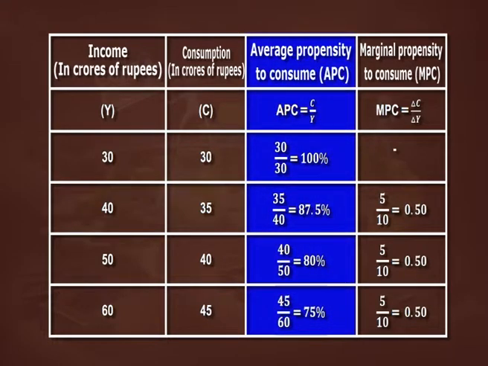While MPC is constant, APC falls with increase in national income. The fall in APC with the increase in income has an important implication that increase in consumption is not proportional to increase in income. MPC is less than APC at various levels of income.